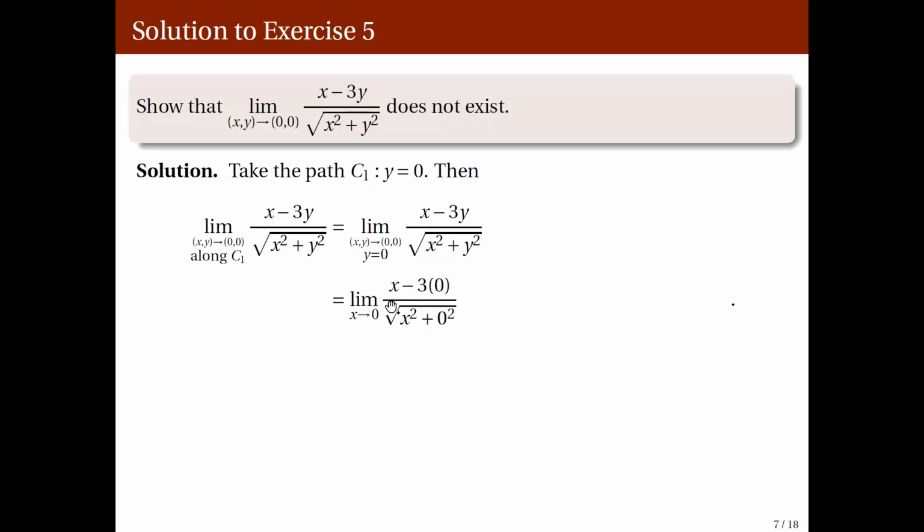Now be careful here. This denominator, the square root of x squared, is going to be the absolute value of x. Hindi lang siya basta x, no? Yung x, it will work for positive values lang. Pero kung negative yung x, then we take the negative of x. Okay? So we have the limit of x over absolute of x, which has two limits. If your x goes to 0 from the right, it's going to be 1.